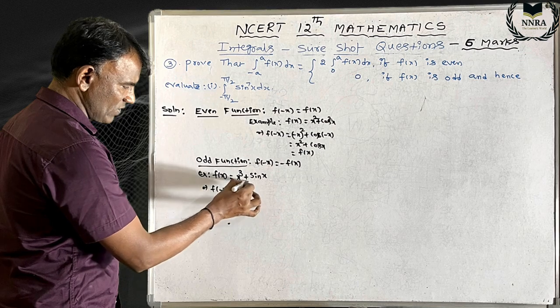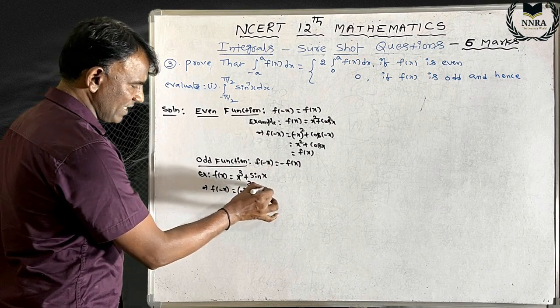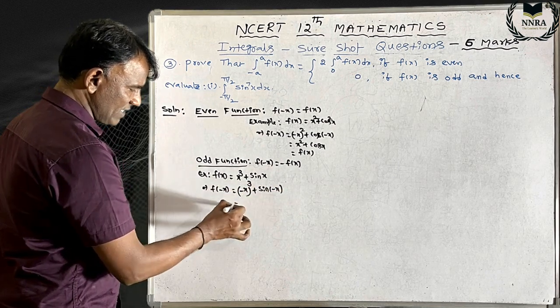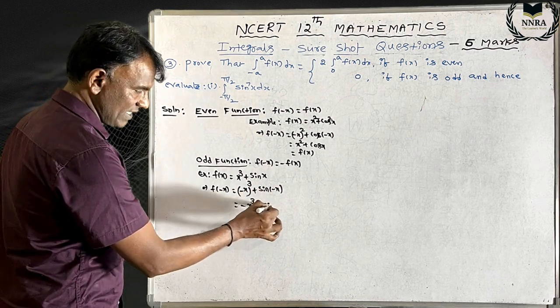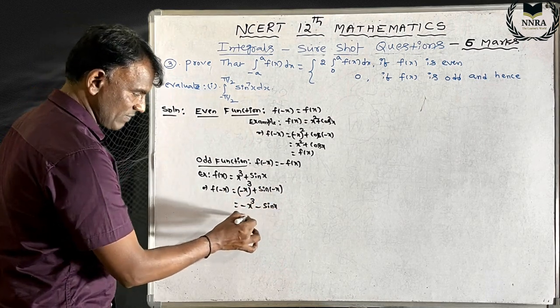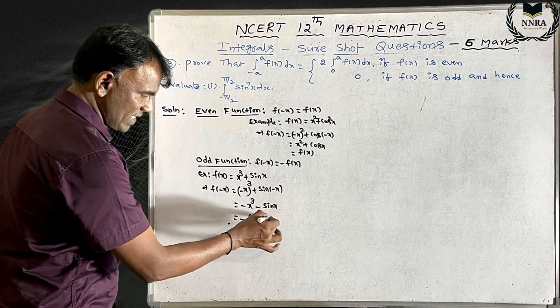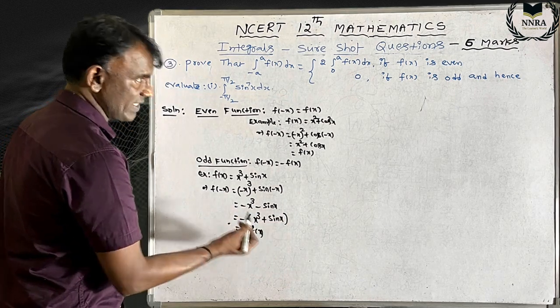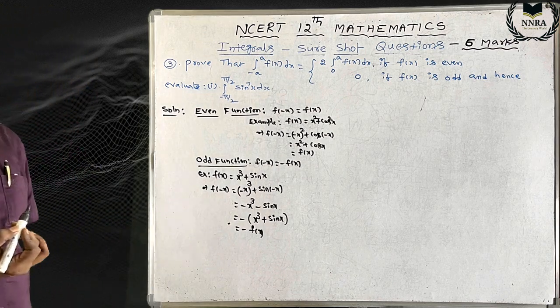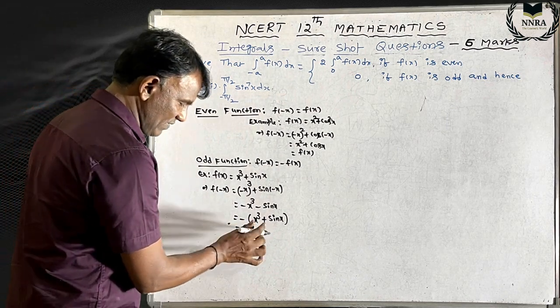So minus x whole cube plus sin of minus x. So minus x whole cube is minus x cube. Sin of minus x is minus sin x. And minus is the common factor. Then x cube plus sin x. And this can be written as minus f of x. So that f of x is an odd function. So these are the definitions.